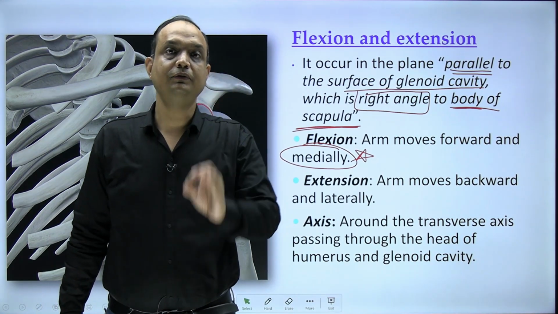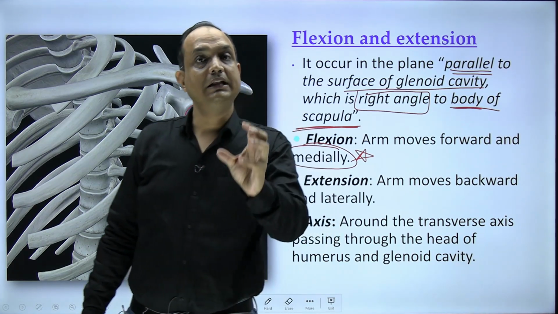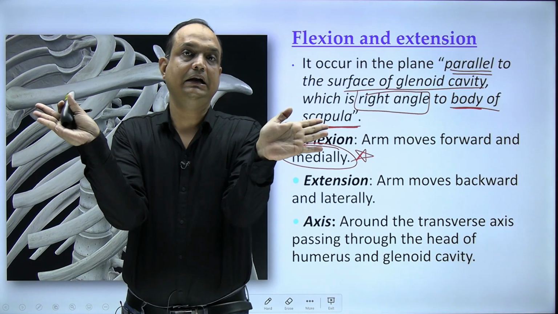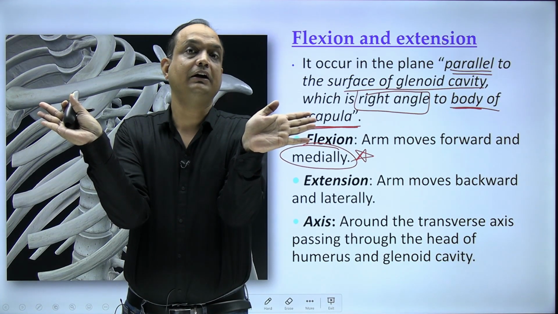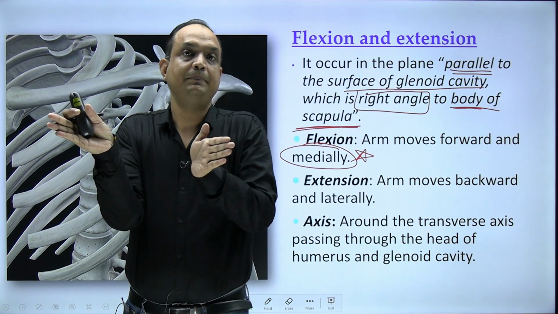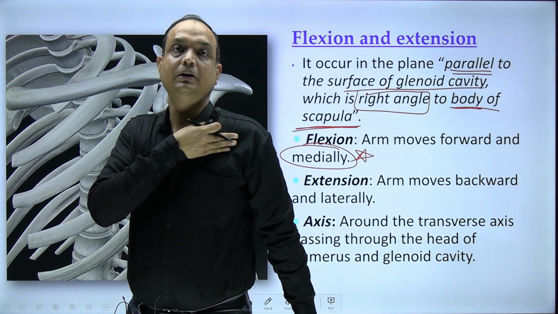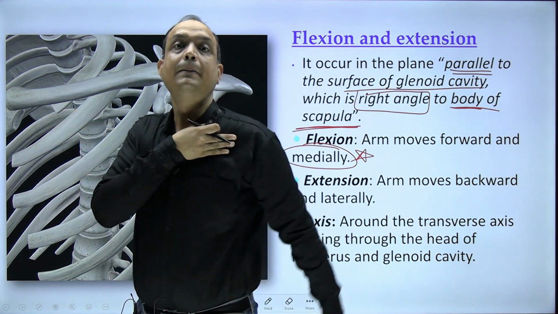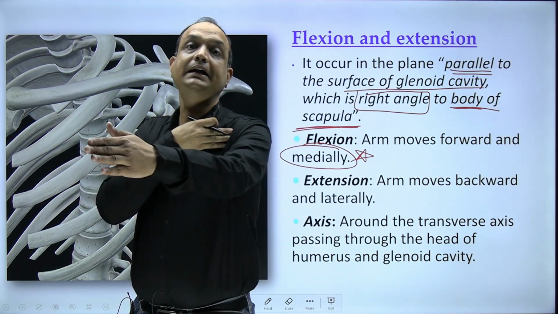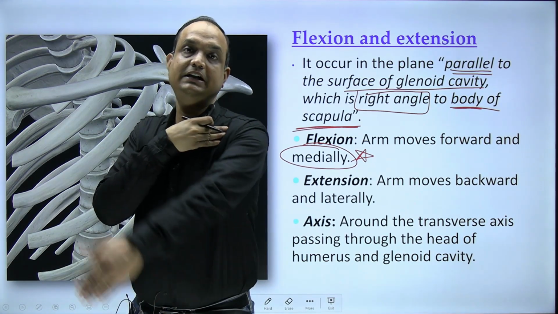But if you see the anatomical placement of the scapula with the head of humerus, our scapula is not exactly laterally placed. It follows the curvature of the ribs. That's why it is placed in an oblique plane. Because of this oblique plane of the scapula, the head of the humerus moves in the plane parallel to the glenoid cavity, at right angle to the body of the scapula. That's why it is going forward as well as medially.